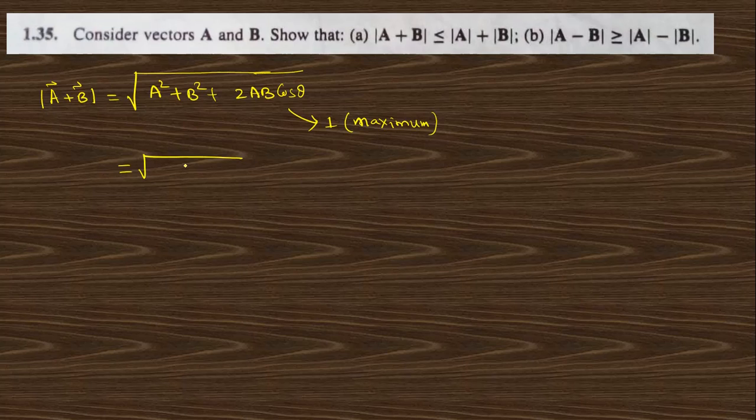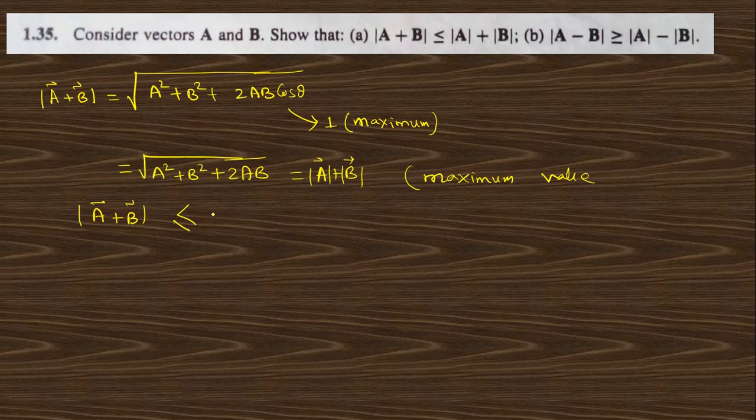So this will be written as A square plus B square plus 2AB, and this is nothing but A plus B, where A is the mod of A vector and B is the mod of B vector, and this will be the maximum value. Since this is a maximum value, the value of this will be less than or equal to this value.